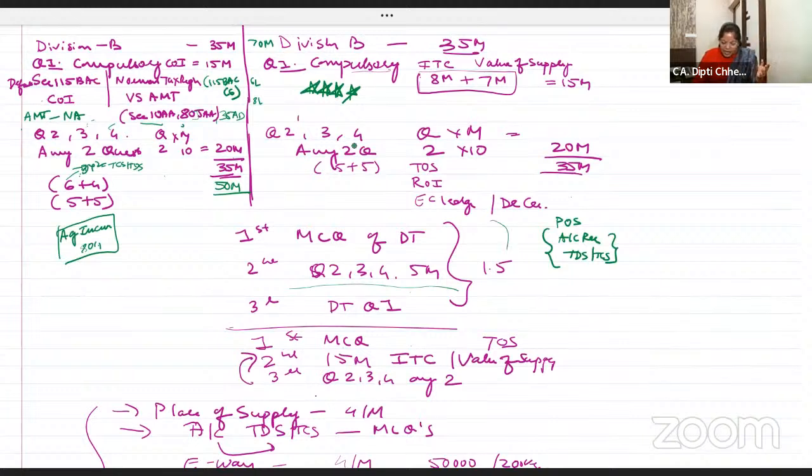After this come to the GST part, you can do it in sequence. It's very easy. Start with MCQ so that at least you know out of 15, okay 10 came, 12 came. And work a bit on MCQs, because nearby whatever silly mistake you can make, that is also one of the answers. You don't realize that. Then these questions are very scoring, and out of 2, 3, 4, any 2 you have to do.